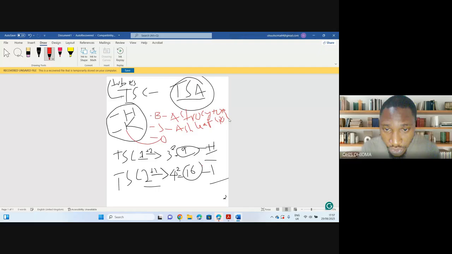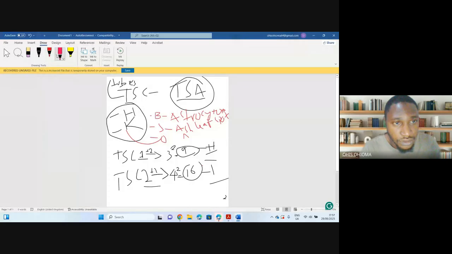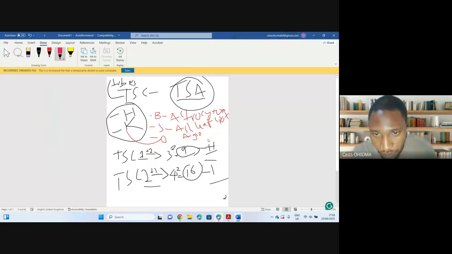They also present with what we call angiofibroma. So they are like pimples on the face and nose, acne-like lesions on the face.